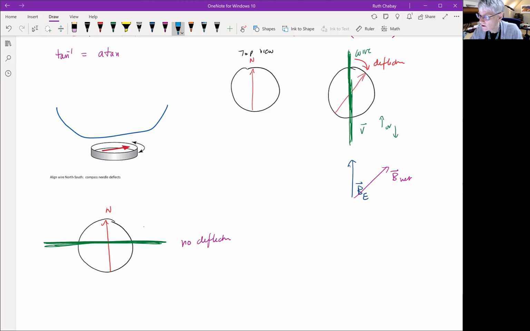So it must be that the magnetic field, I'll call it B wire, but it's really the magnetic field of the moving electrons in the wire, actually has to be going that way, which is perpendicular to the direction of the current. So B is actually perpendicular to the motion of the electrons.